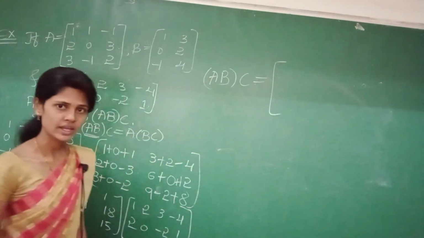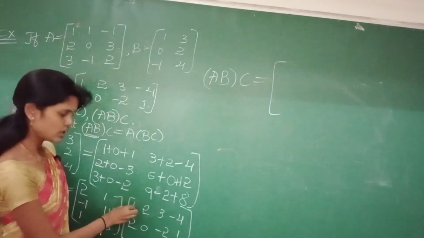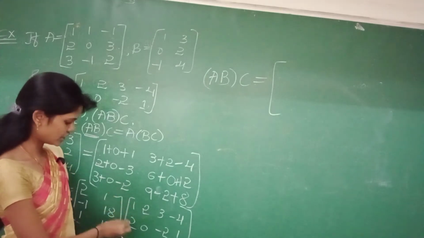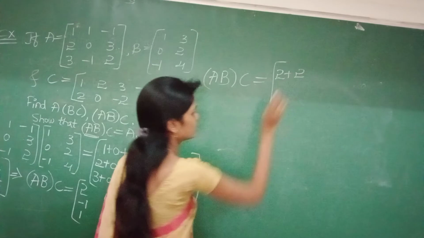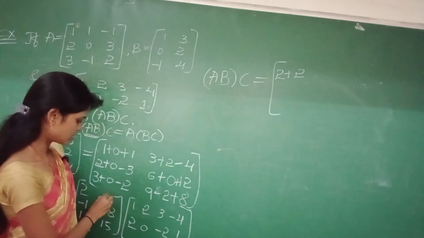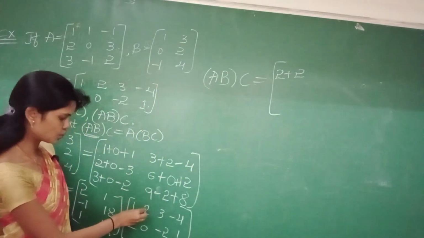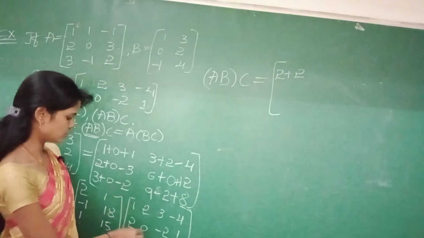Once again I repeat, 2 into 1, 2 plus 1 into 2, 2. 2 plus 2, right? And first row, second column, 2 into 2 it is 4, 1 into 0 it is 0.